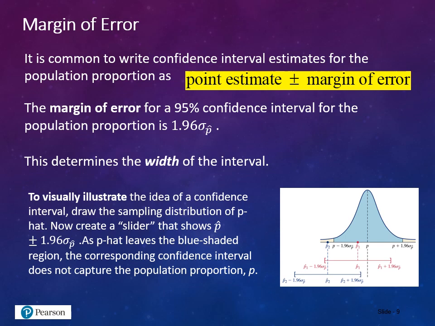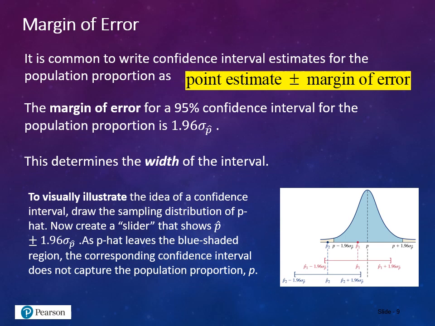So if you have a smaller interval, then your confidence is much higher, right? If you have a large interval, then your confidence is not so high. The margin of error for a 95% confidence interval for the population proportion is 1.96 sigma sub p hat. This determines the width of the interval.